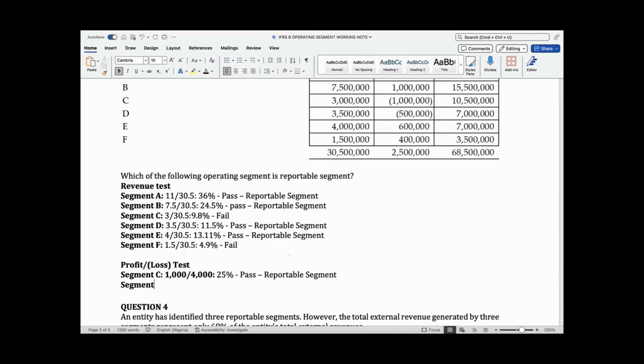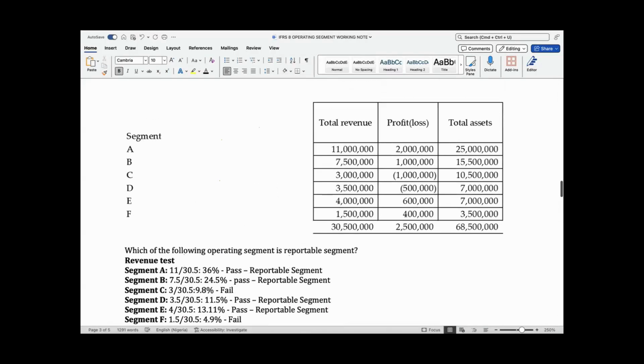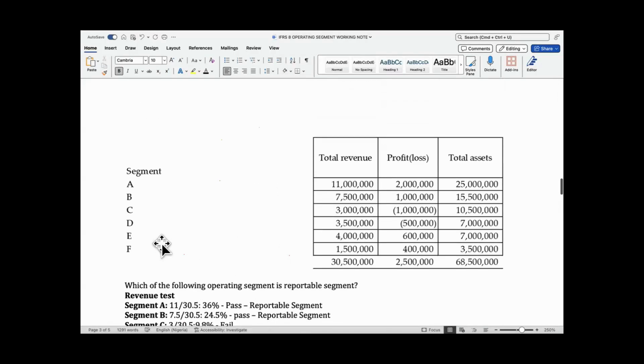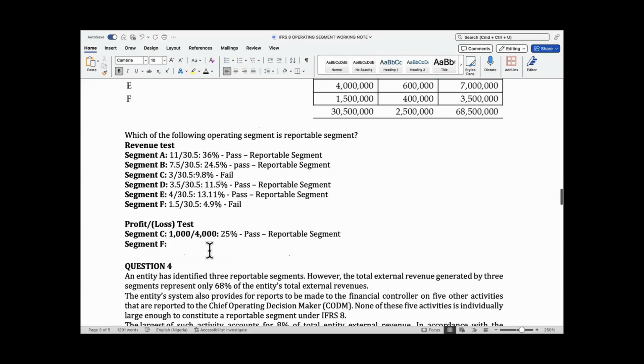Now, segment F. Segment F has 400,000. It has 400,000 as its own profit. So we have already established the greater to be this 4 million. I think this is exactly 10%.